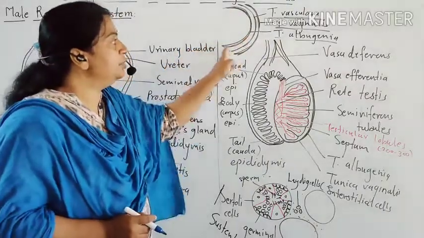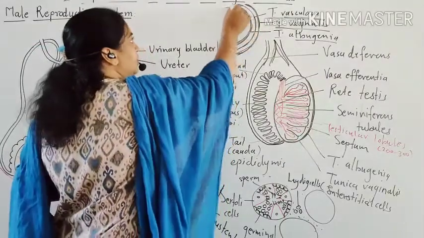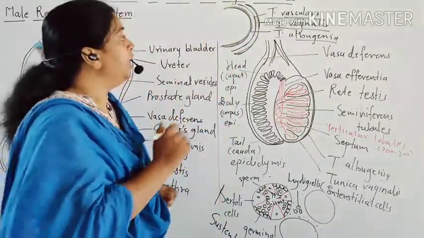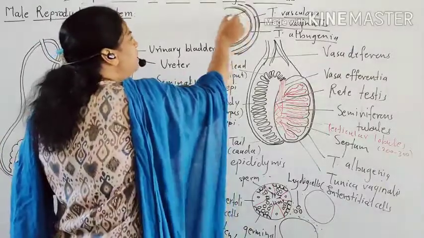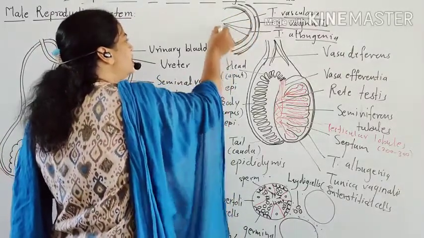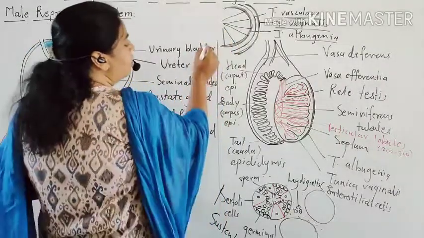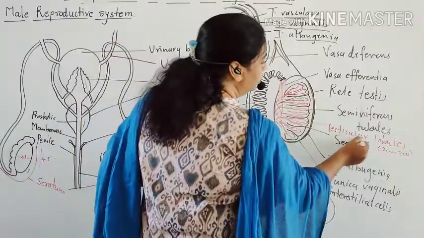The tunica albuginea, which is a tough collagenous fibrous connective tissue layer, forms septa inside the testis, creating chambers.